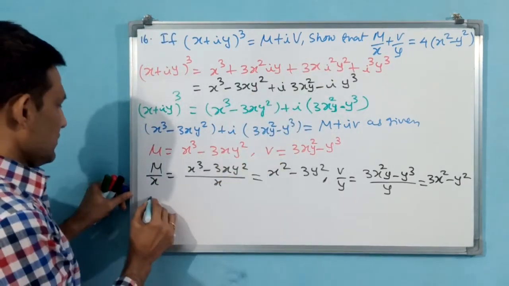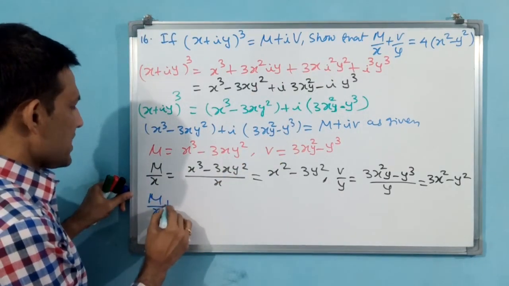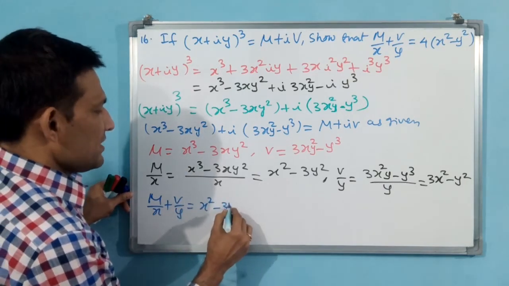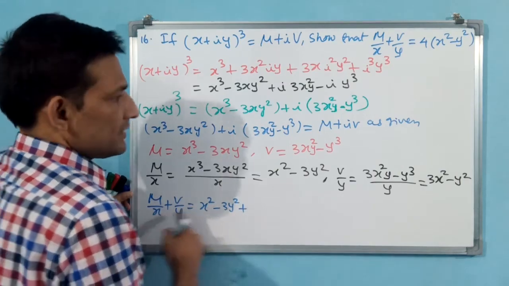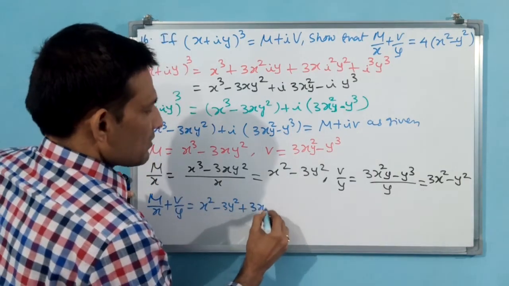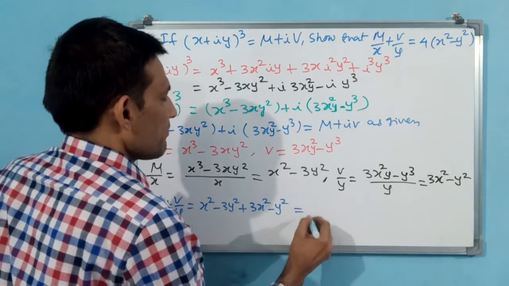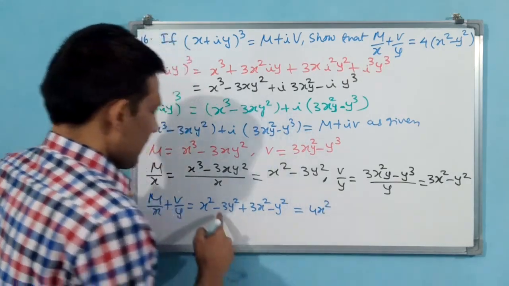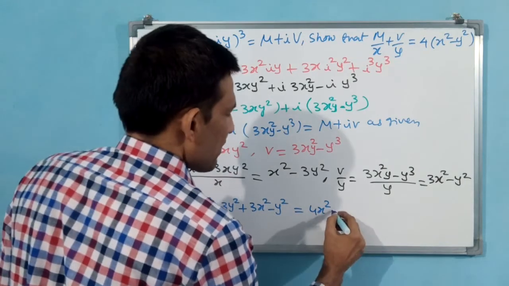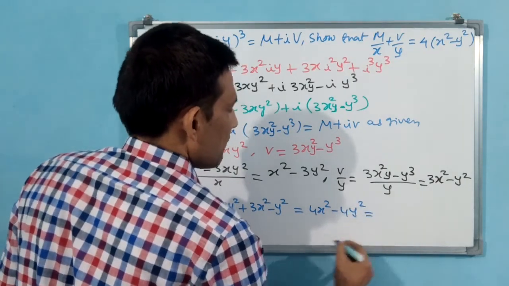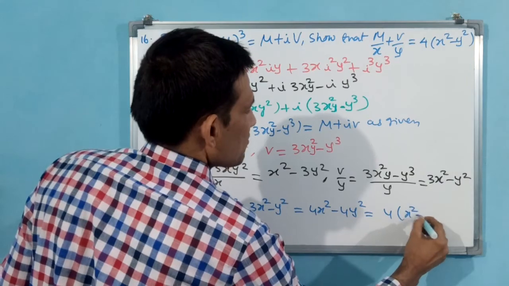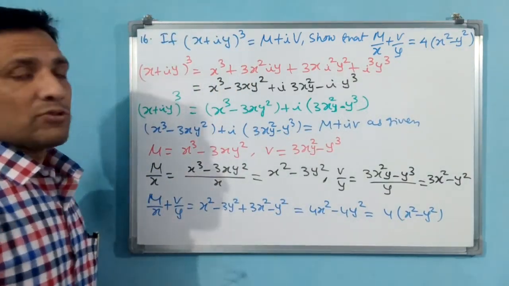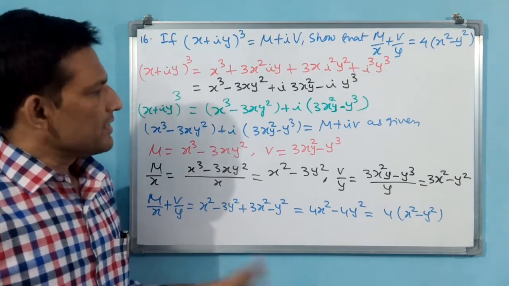Write down. u by x plus v by y is equal to x square minus 3y square plus this one, 3x square minus y square. x square plus 3x square is 4x square, minus 3y square minus y square is minus 4y square. Finally 4 you can take common, x square minus y square is going to happen. This will be your RHS. Okay, LHS is equal to RHS, like this you can write and close.